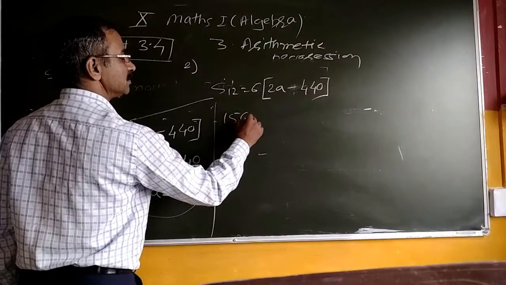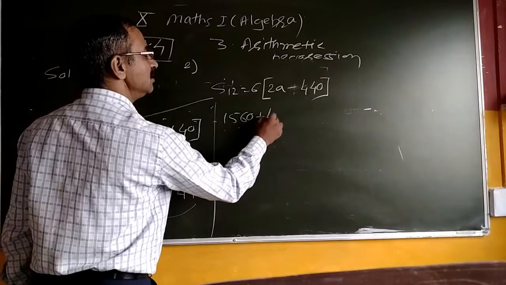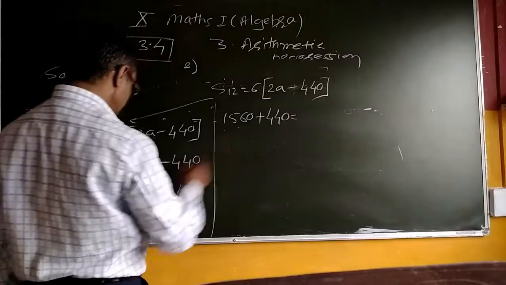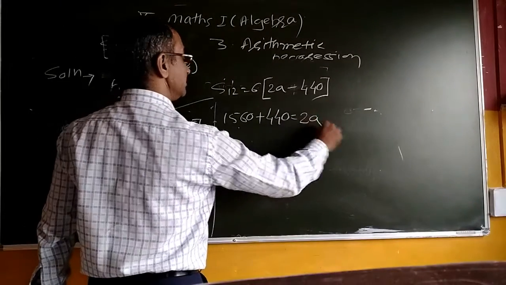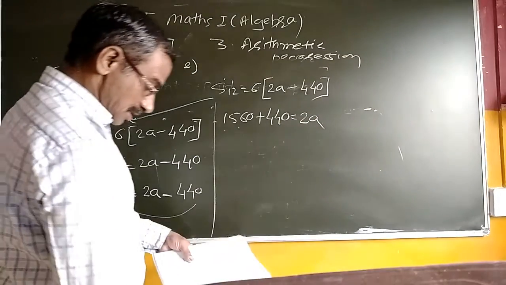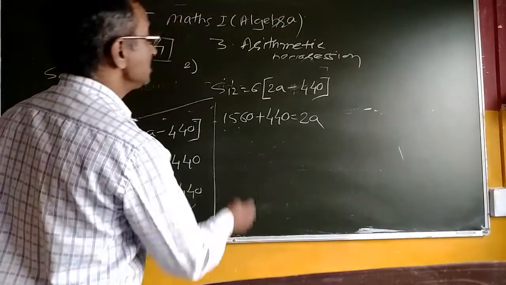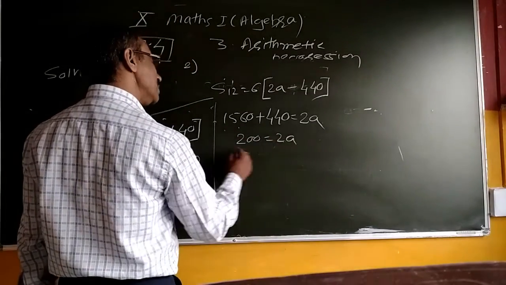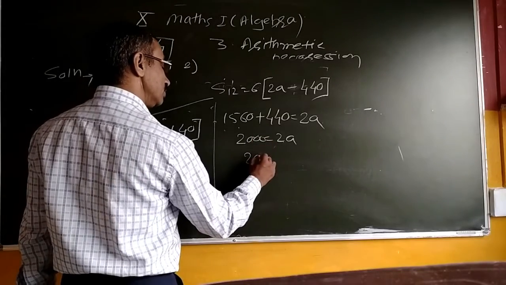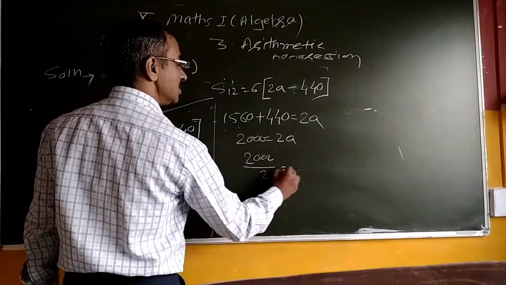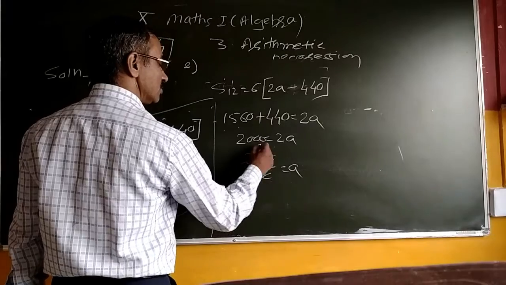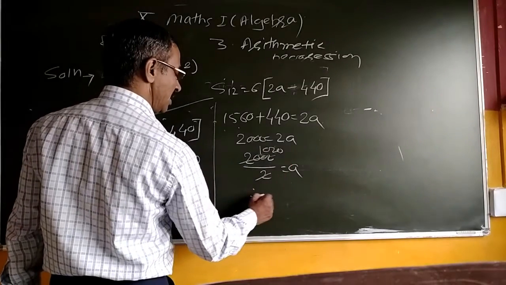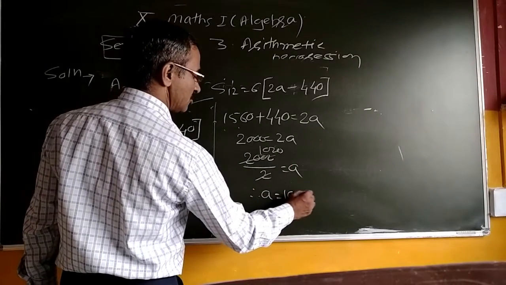Then 1560 plus 440 is equal to 2a. The addition of it is 2000. This is equal to 2a. This 2 gets divided, so 2000 upon 2 is equal to a. So the value of a we get is 1000 rupees.